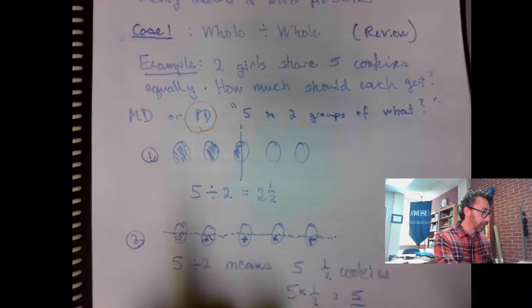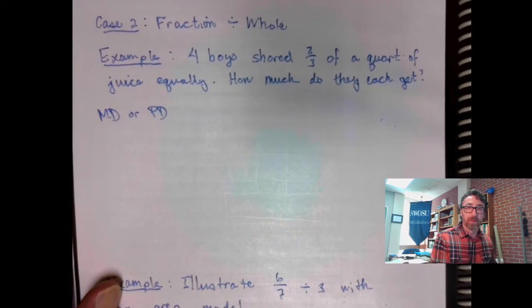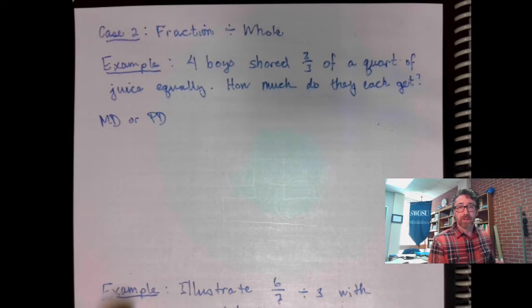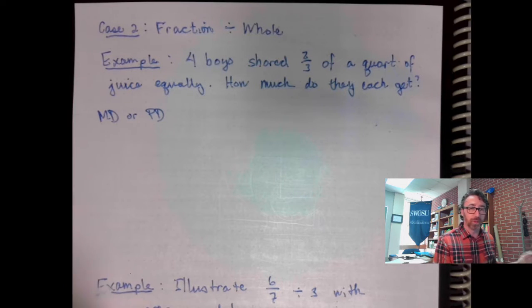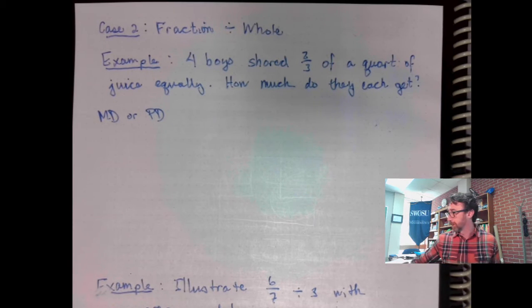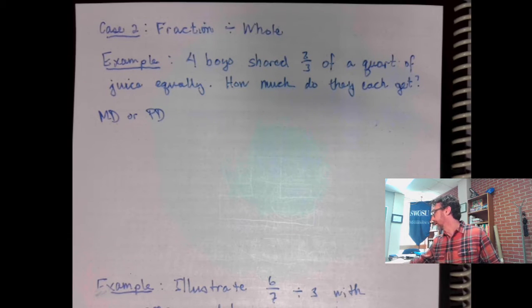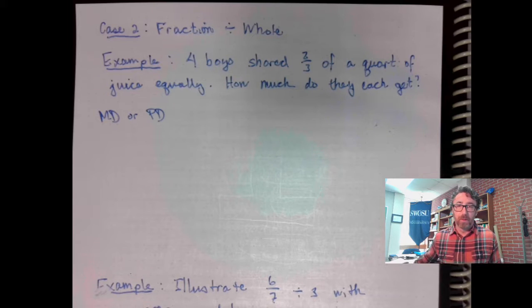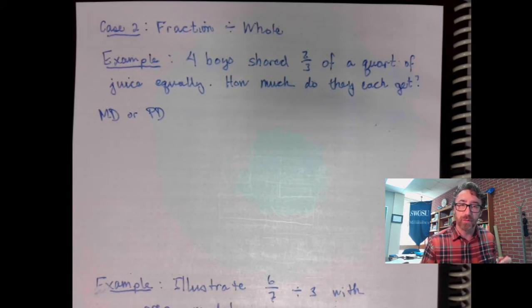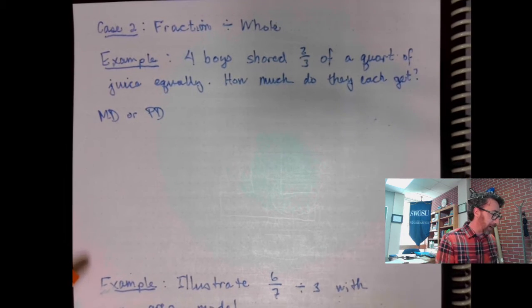Okay, so let's go and check out case 2 here. Taking a fraction divided by a whole number. All right, let me grab a different color to do some of these problems here. Add a little more interesting stuff to the mix. Okay, so we have 4 boys sharing 2/3 of a quart of juice equally. How much do they get?